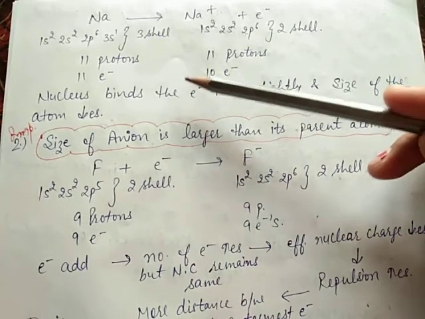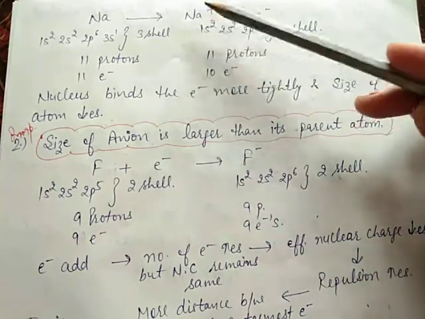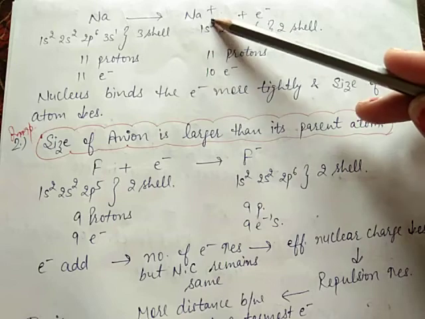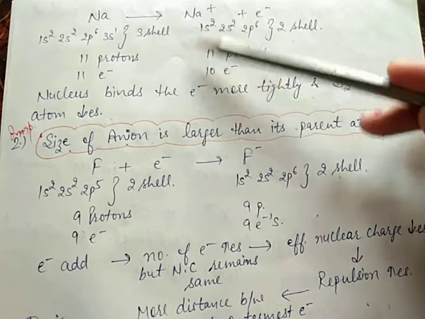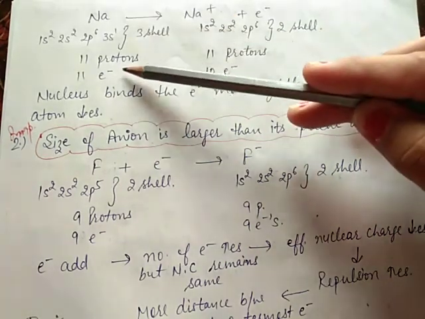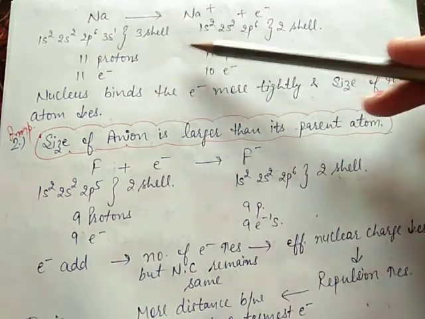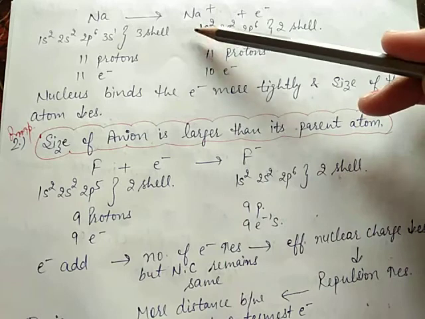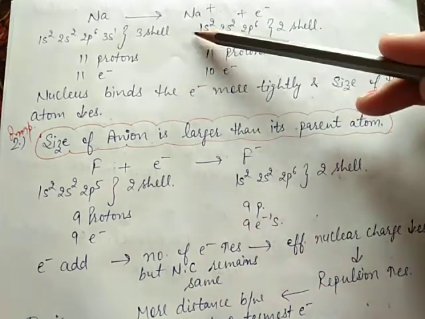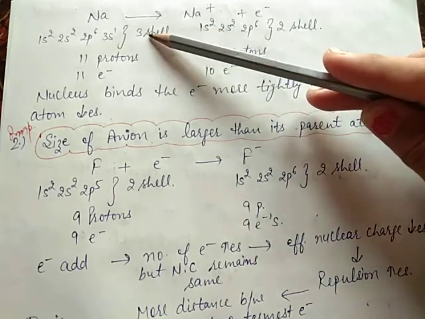Due to this, we can see that a cation is formed by the loss of electrons and has fewer electrons as compared to the parent atom. But the nuclear charge is the same as that present in the parent atom.